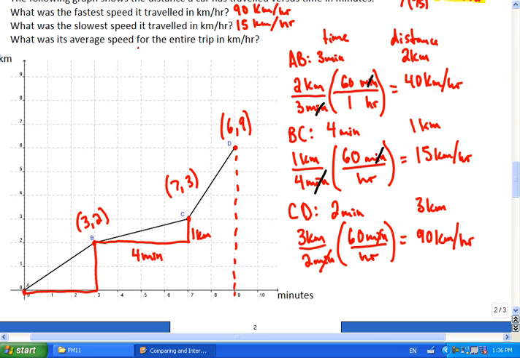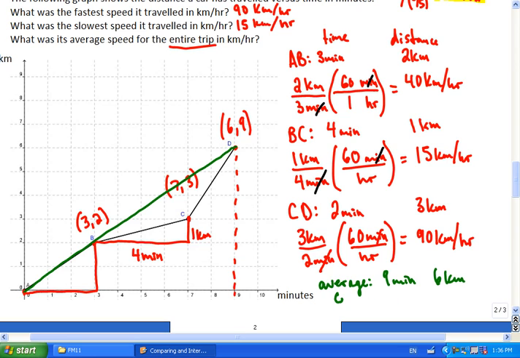And if you want to know over the entire trip, instead of doing all these different speeds, they could have done it with just one speed, and their trip would look like this. From A to B, they would just go like that. One speed. So the average speed would be a total of 9 minutes and 6 kilometers.